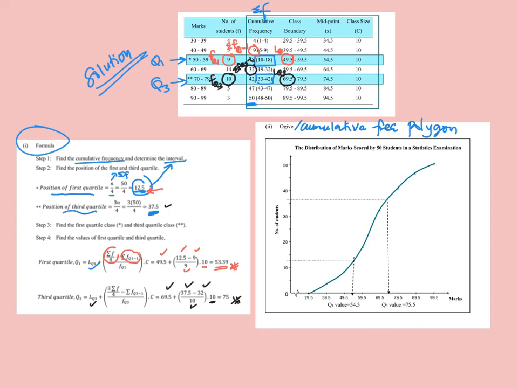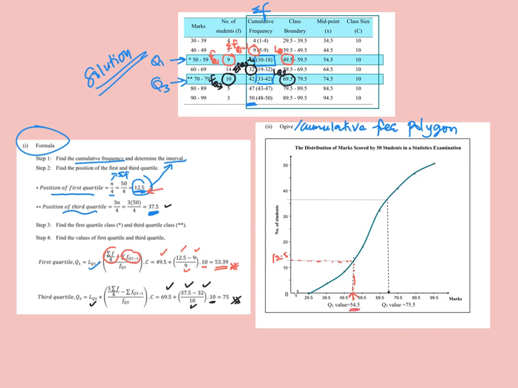For the first quartile, the position is 12.5. You draw the dotted line over here and read the value from the x-axis. This is your quartile 1, 54.5.